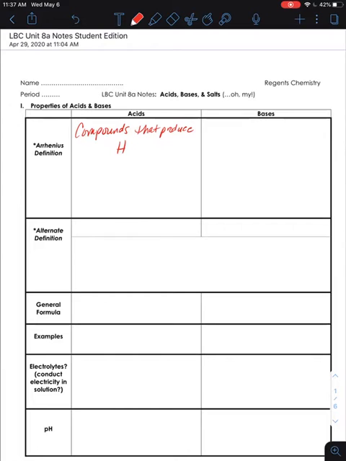So this might be considered like this, or you might see it written as H3O, which is a hydronium ion. You might see them in little brackets like this, which indicate that they have concentrations. Okay. And in the case of when they dissolve, these are the only positive ions in solution.